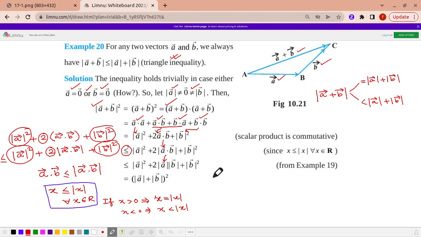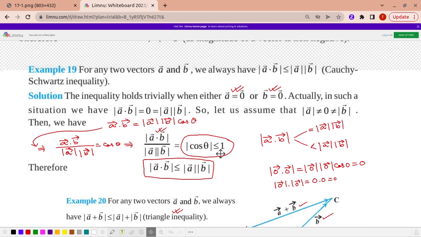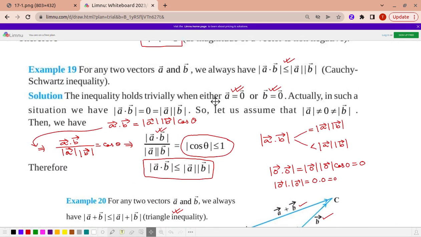So here if I come back once more, mod of A dot B is less than equal to mod A into mod B, which we have done here. That is the Cauchy-Schwarz inequality.